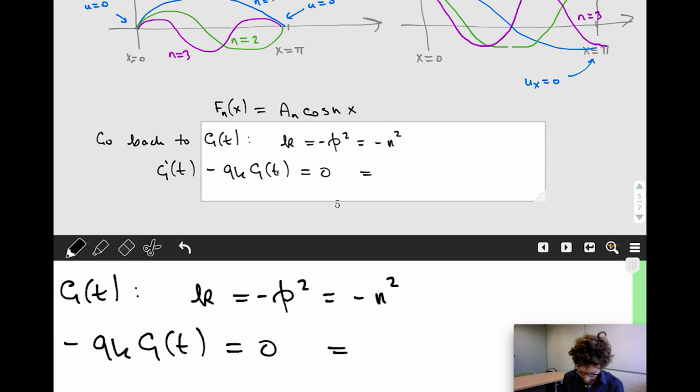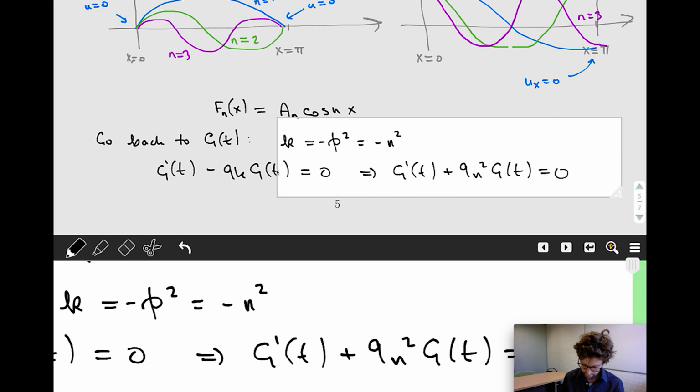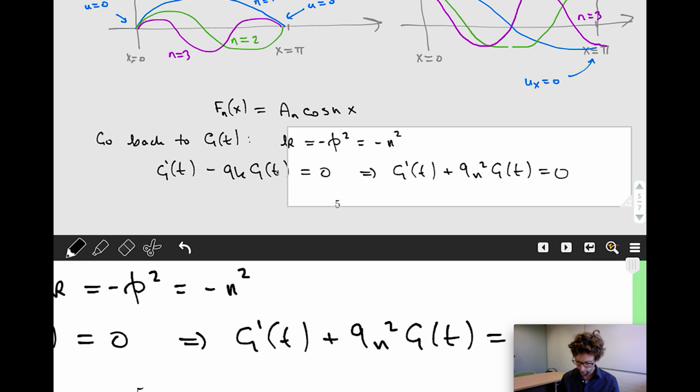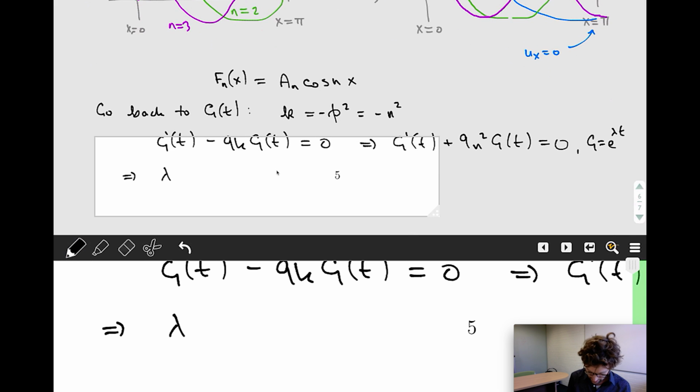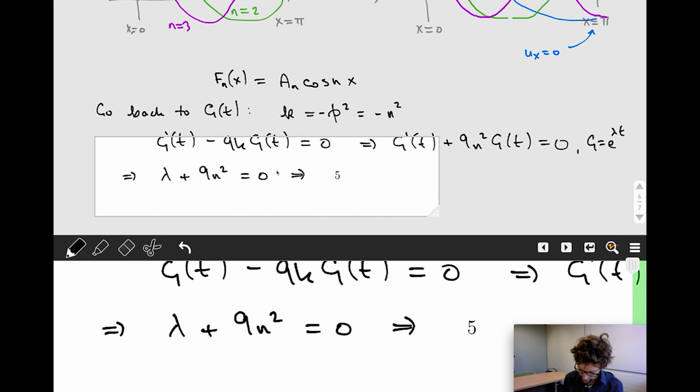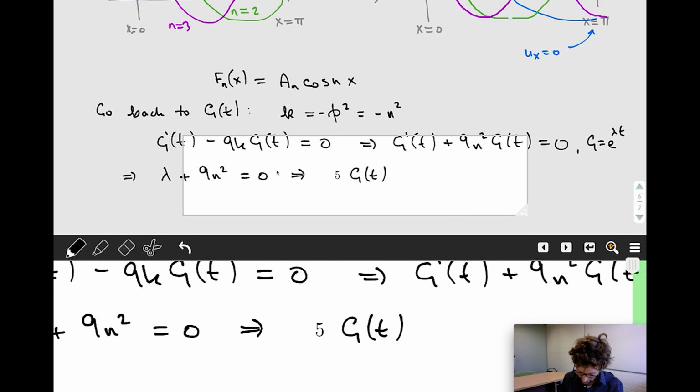Or if I put in the value of k, I'm going to get g prime of t plus 9n squared g of t. Again, I can look for solutions of the form g is equal to e to the lambda t, which is going to give me the characteristic equation lambda plus 9n squared is equal to 0, which gives me lambda is equal to minus 9n squared, and g of t is going to be a constant, e to the minus 9n squared t.